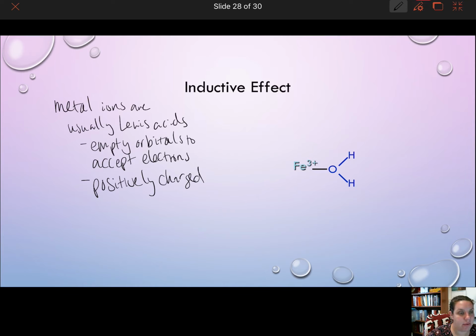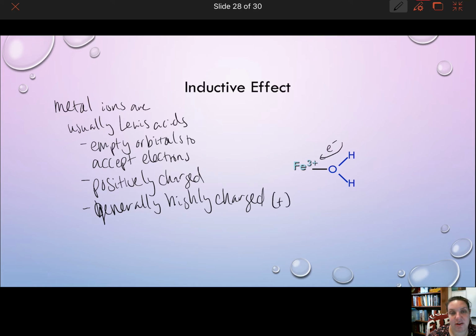Okay, and what we see with our metal ions is what's called the inductive effect. So when a Lewis base comes in, we get the inductive effect where electron density goes in from our Lewis base and it's pulled towards our Lewis acid. So our metal ions that are Lewis acids are generally highly charged, and of course positive.